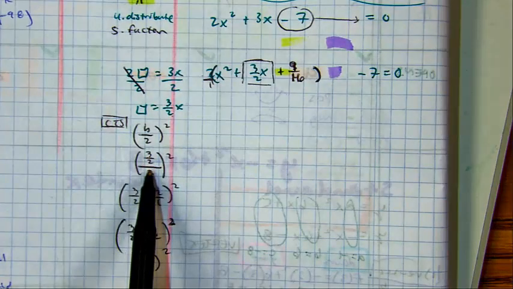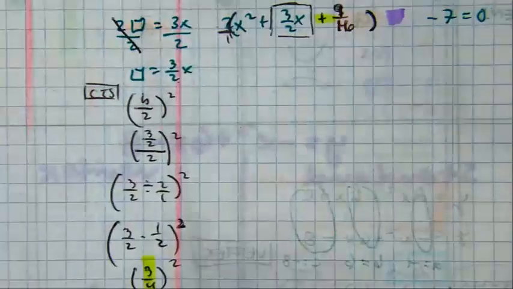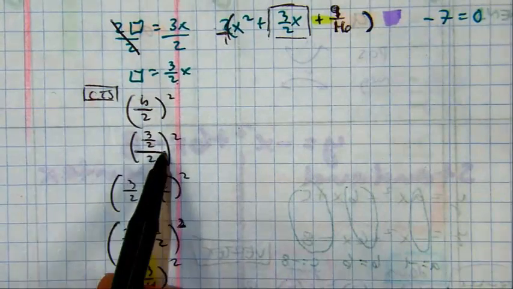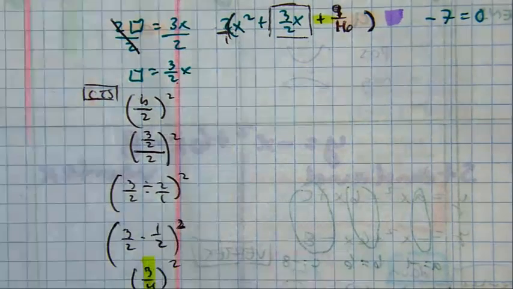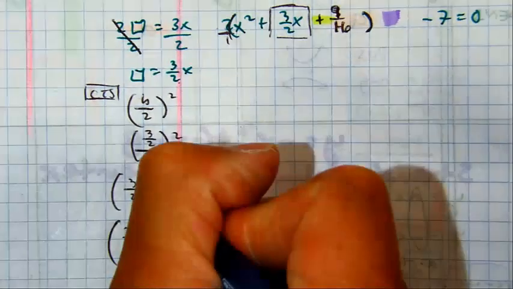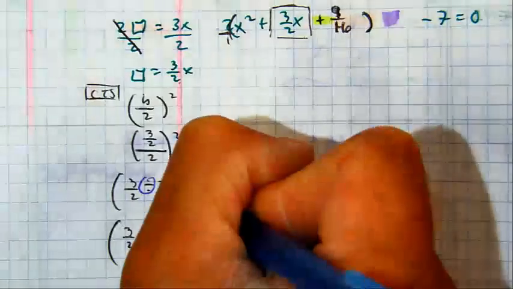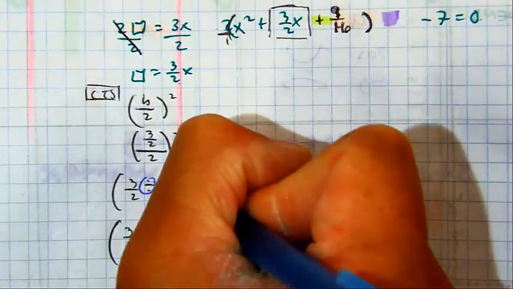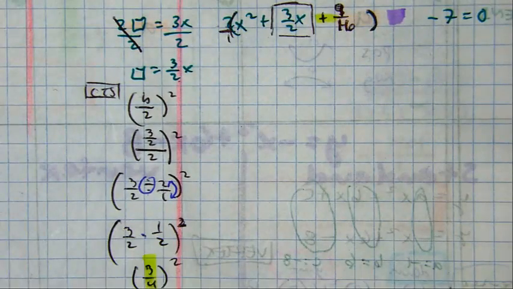3/2 divided by 2. I like to write my fractions vertically. I'm going to take the fraction 3/2 divided by 2. You're going to change the division to multiplication. You're going to take the second expression and flip it. So now you have 3/2 times 1/2.